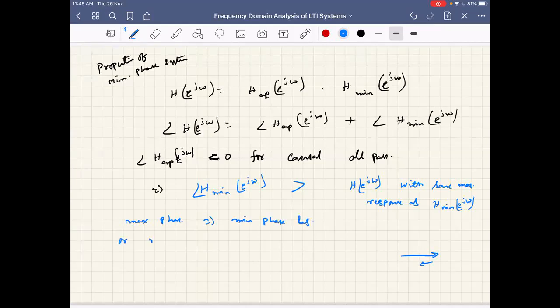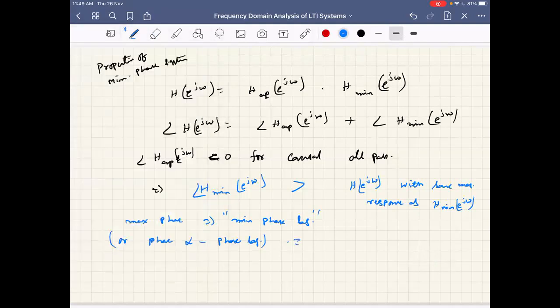Phase, with a negative sign, is proportional to minus of phase lag. So the name minimum phase has come from the minimum phase lag property of these minimum phase systems, among all the systems having the same magnitude response. So it's not the minimum phase but the minimum phase lag.